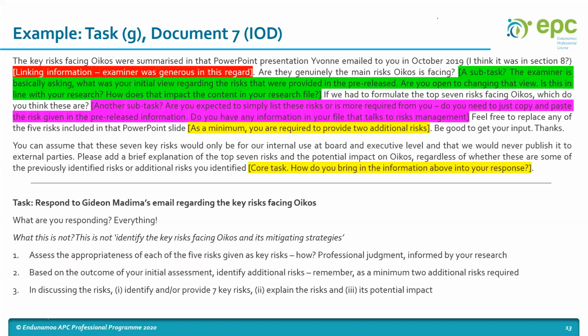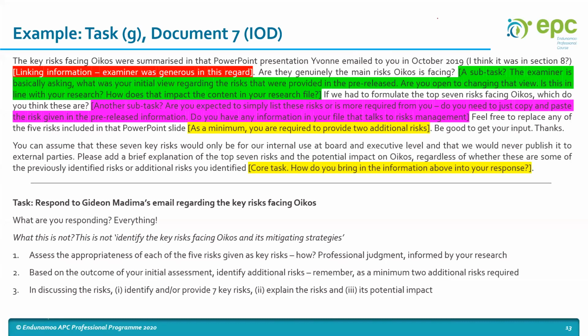Is this in line with your research? How does that impact the content in your research file? So these are the questions that are coming to mind. That when I looked at Fairvest, when I look at Vukile, did they identify similar risks? If they had not, or if they had, did I agree or did I not agree with them? Because at the end of the day, from what we've seen from the Steinhoff side, it means that everything we read in financials, we cannot just believe, right?